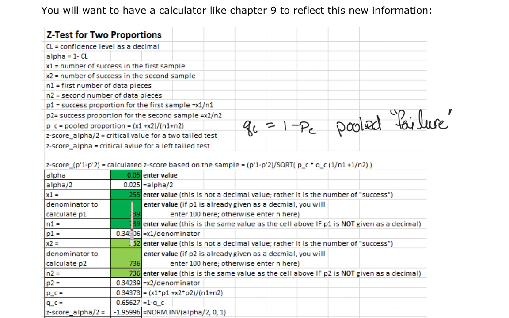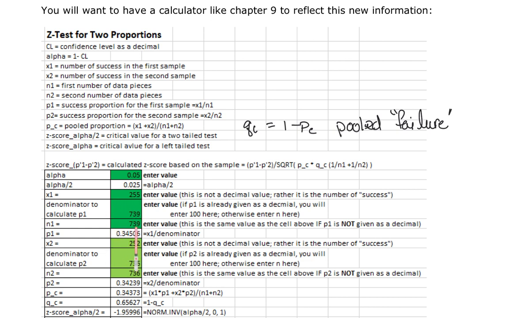So if I am given, say, 25% as an X sub 1, and that's actually my P sub 1, I want it calculated here for me rather than entering it. If they give it to me as success numbers out of total, then I would put the success number out of total, and then put the total again right here.